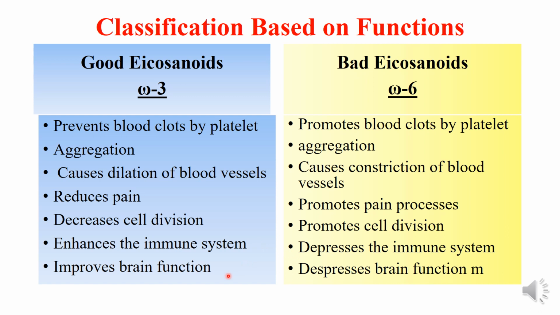So they have a lot of good effects on our body. Hence the prostaglandins derived from omega 3 fatty acids are known as the good eicosanoids. The bad eicosanoids promote blood clots by platelet aggregation. They cause constriction of blood vessels, promote pain, promote cell division, depress the immune system, and depress brain function. So, all the bad eicosanoids are derived from the omega 6 fatty acids.